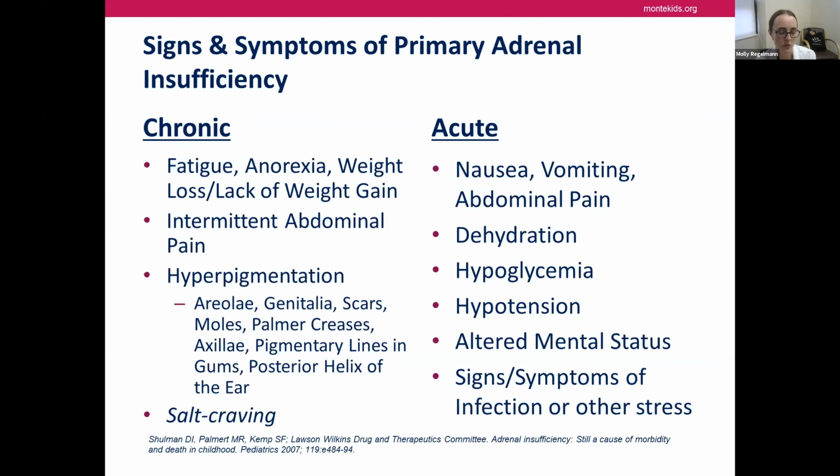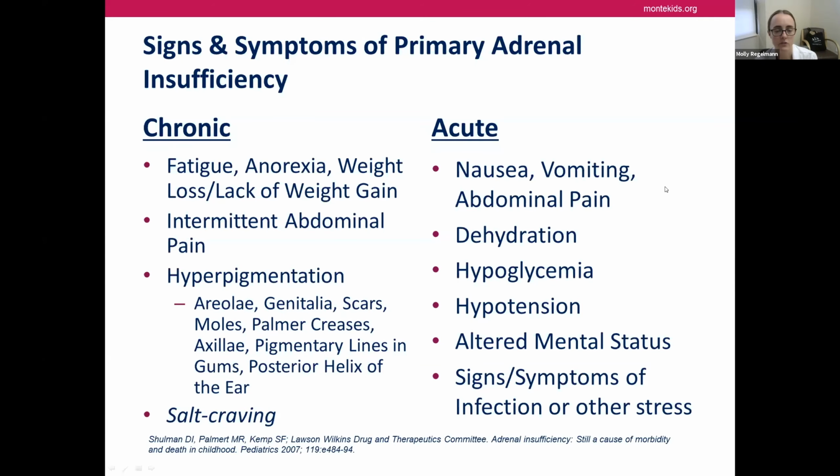In those who also have mineralocorticoid production affected, you can see salt craving behaviors as well. And this is not just I like to salt my food, this is I need to drink pickle juice and I will drink ocean water when I go for a swim.